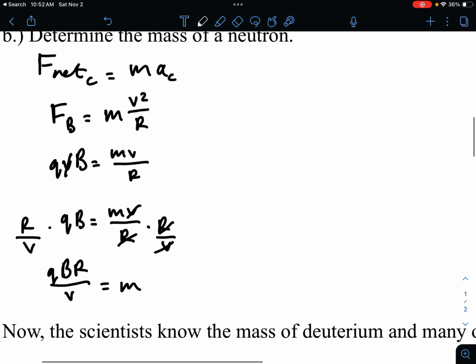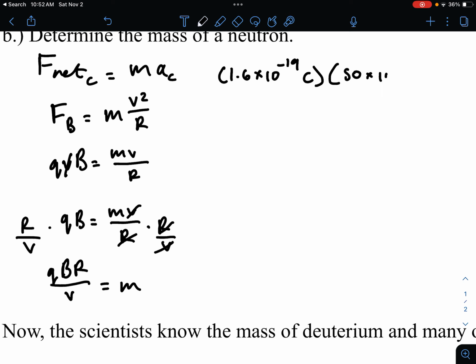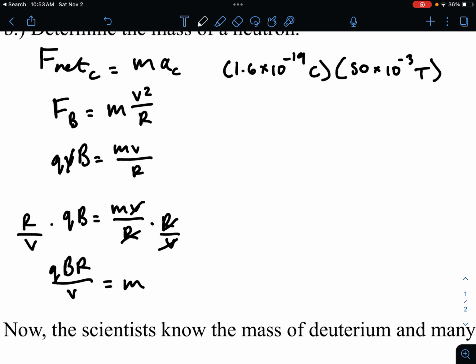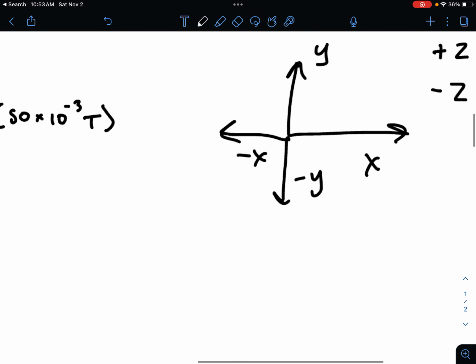This is actually not that bad, because I can just say the charge is just one proton. Neutron doesn't have charge. We're just going to hope the scientists know that. 1.6 times 10 to the negative 19 coulombs. The magnetic field is 50 times 10 to the negative third Tesla. The radius is 8.35 centimeters.